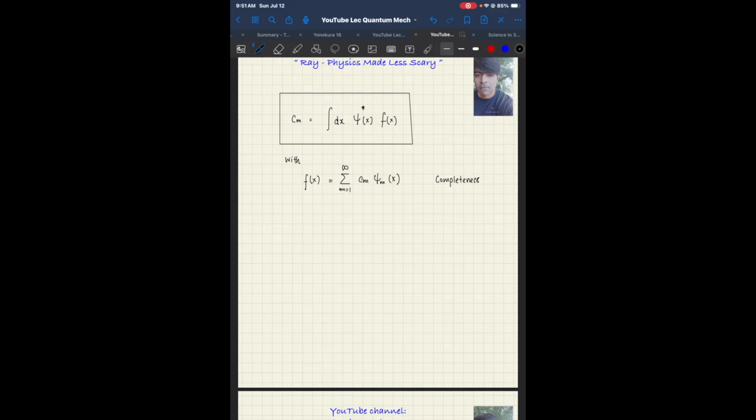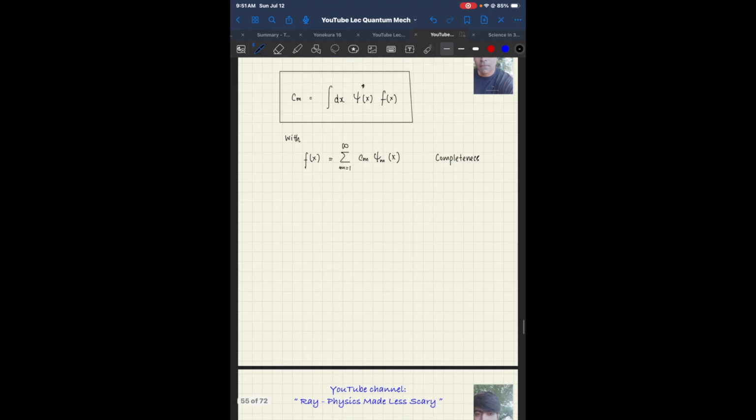Okay, great. The final thing that we need to do to figure out the full wave function, this is the last thing that we need to do, is step 3. Recall that the full time dependent wave function was a sum of some constants Cn times psi n of x times e to the power minus i by h cross En times t.